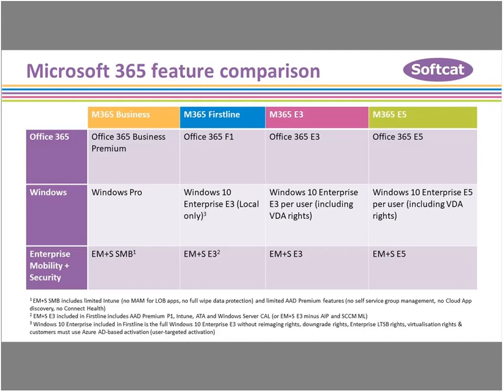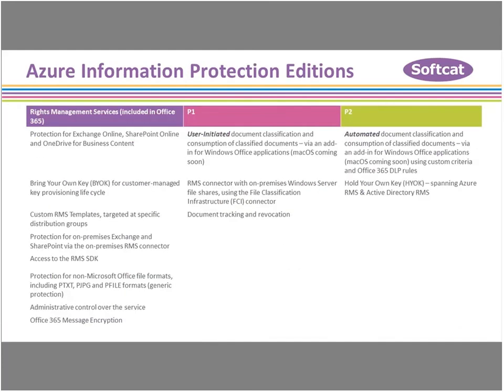So rights management service, the one that's included in Office 365 E3, I think it is the minimum one. John, you can confirm that. You essentially get access to RMS templates. So RMS is a way of applying file level protection to a document, for example. So you can say that the only people that can open this sensitive document are John and Jack from Softcat, and it's encrypted, and they need to use an RMS enlightened application to open this.